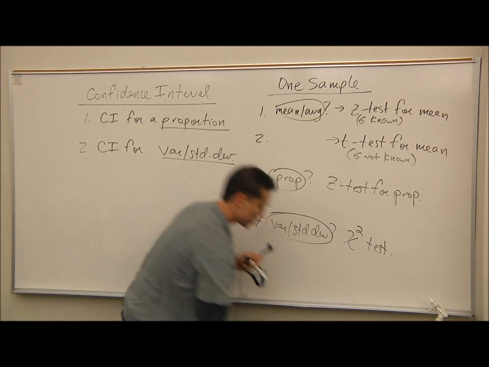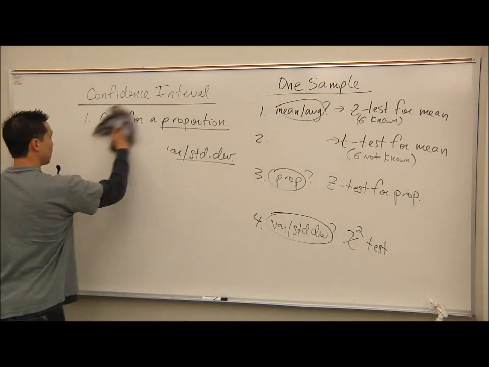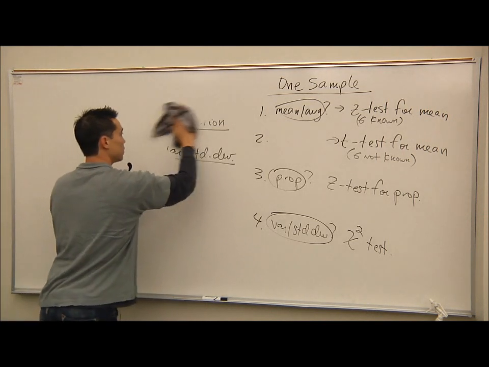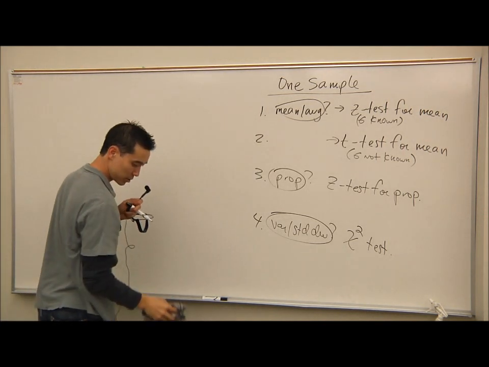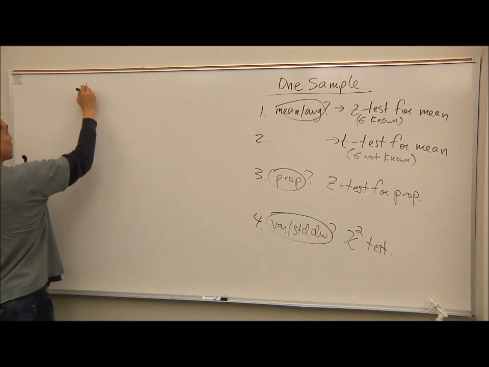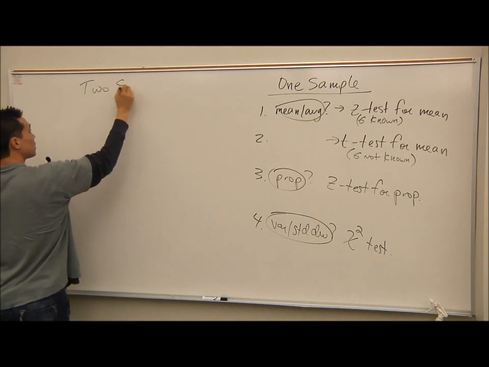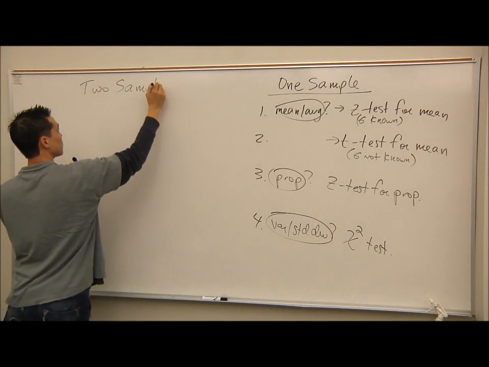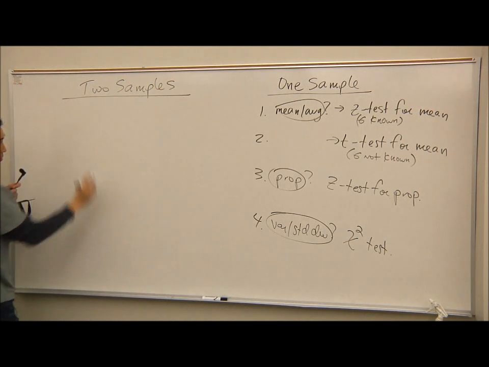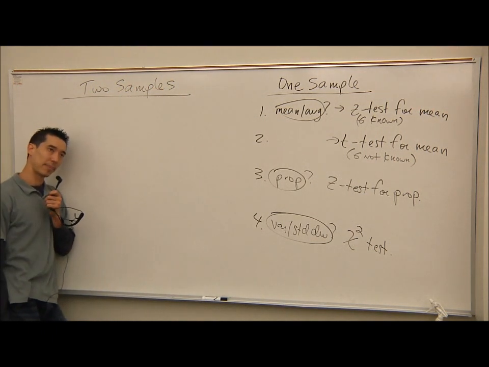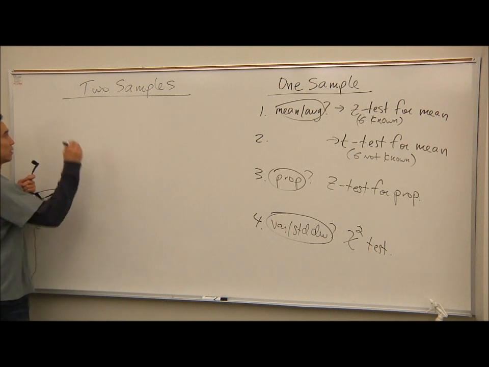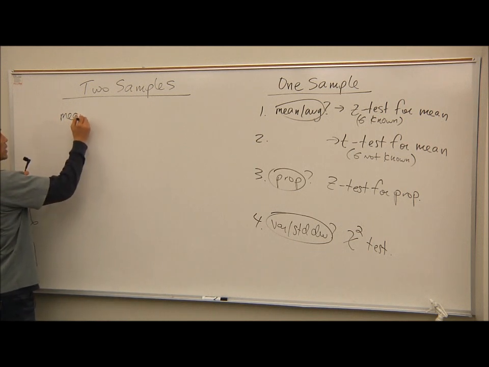Moving to the last chapter, which is a biggie. Now the question is, okay, I'm doing a hypothesis test. Clearly there's two samples. So it's a two-sample hypothesis test. Okay. Is it talking about the mean or average?